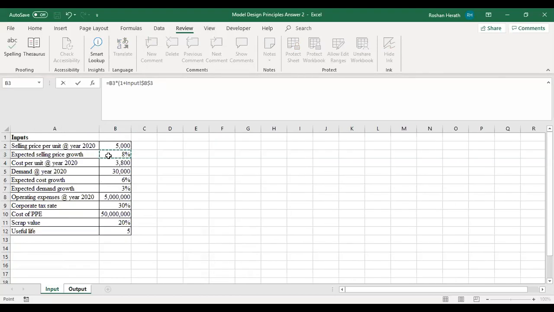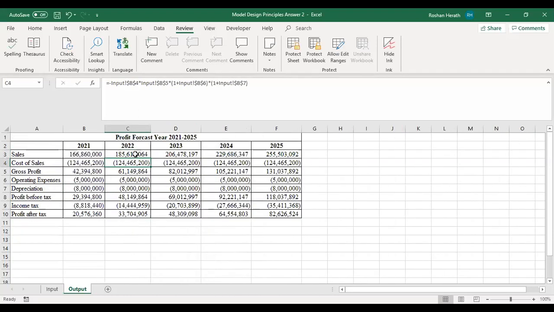Now I'm in the input, make it constant, close the brackets, and multiply by 1 plus the demand growth. The most important thing is not to come back to the answer sheet. From there, you have to press the enter key to transfer the answer into the answer sheet. If you come back to the answer sheet, then you will get confusions. Once you get that, you can simply drag the rest.